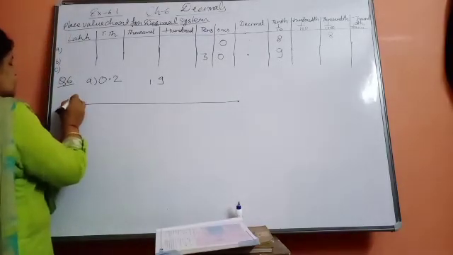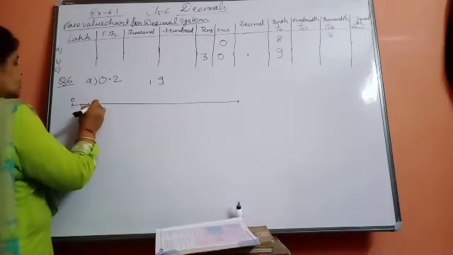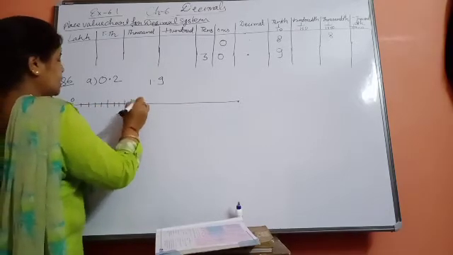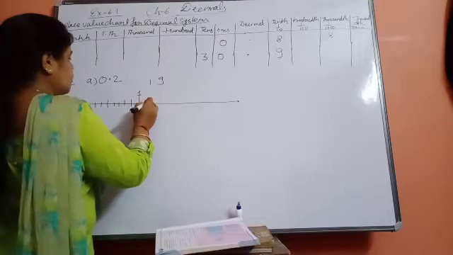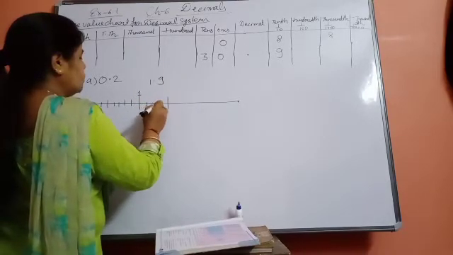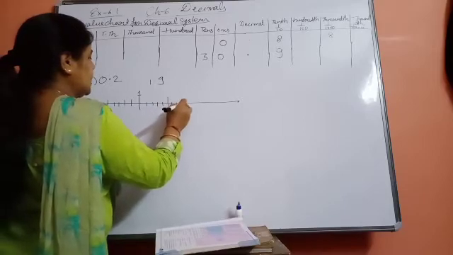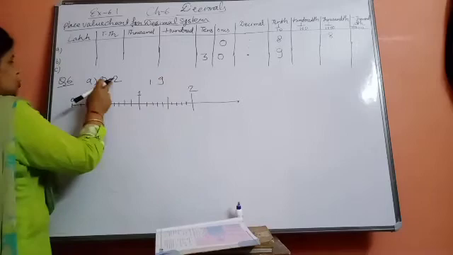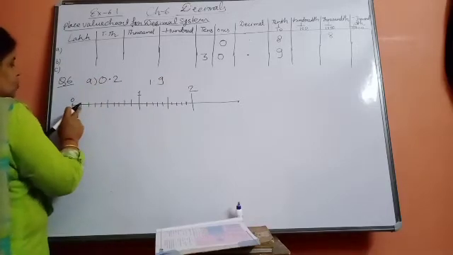Okay, this is 0, then 1, 2, 3, 4, 5, 6, 7, 8, 9, 10. So here it will become 1. Then 1, 2, 3, 4, 5, 6, 7, 8, 9, 10. Okay, so it will become 2 here. Now see 0.2, suppose I would like to show it.